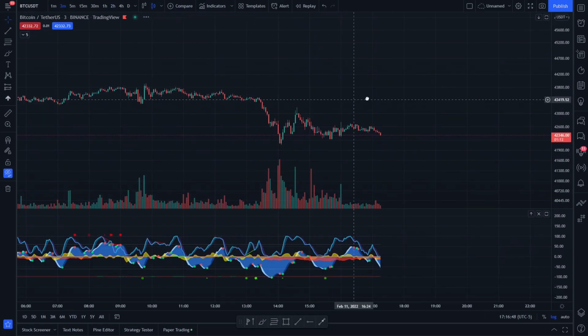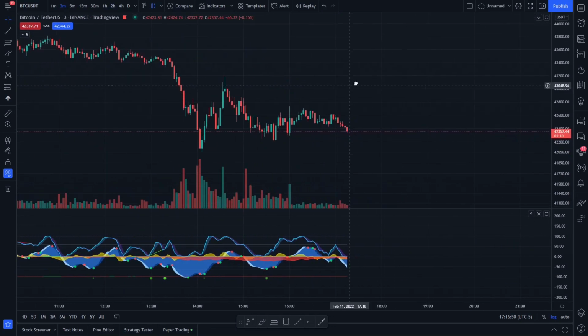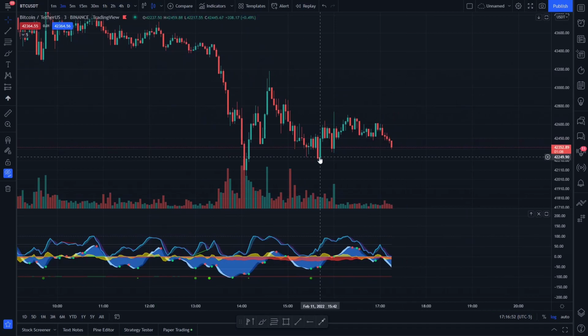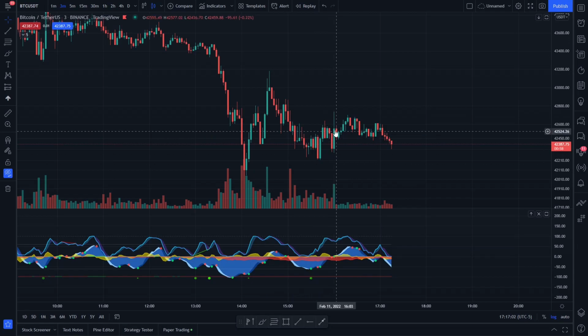So if you're scalping and looking for quick little trades, you see right here this massive green dot, and you see money starting to point up, it crosses over right here, and then you can enter for a scalp trade from this point to this point, and then you see this red dot, and that can be your exit point.